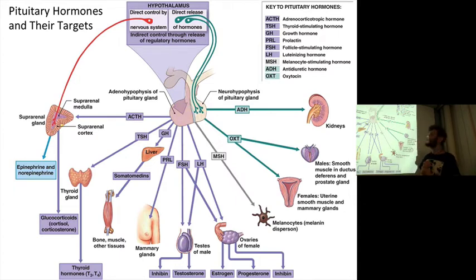And then the production of oxytocin. Oxytocin is effective on the smooth muscle in the ductus deferens and the prostate gland in men during ejaculation. Oxytocin is probably responsible partially for, it is engaged during intercourse for men.